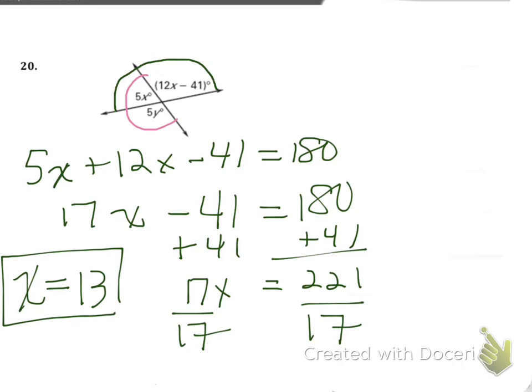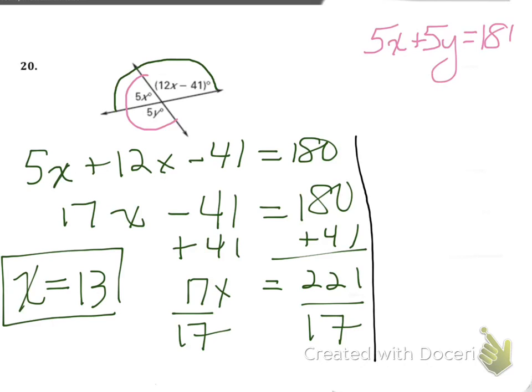So now we're going to divide our work. And go over to pink, and now we're going to deal with the other linear pair. So that other linear pair says that 5x plus 5y, also a linear pair, has to equal 180.